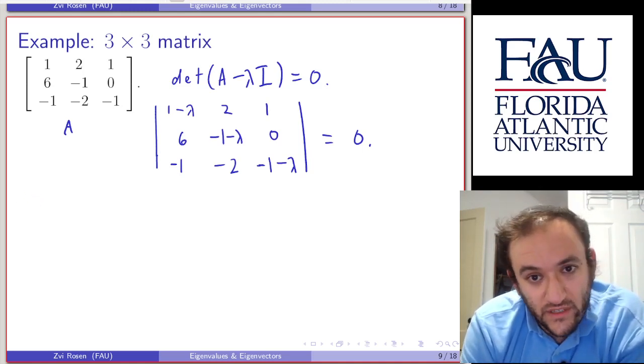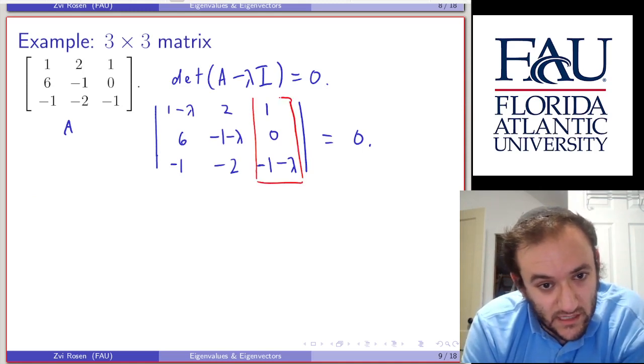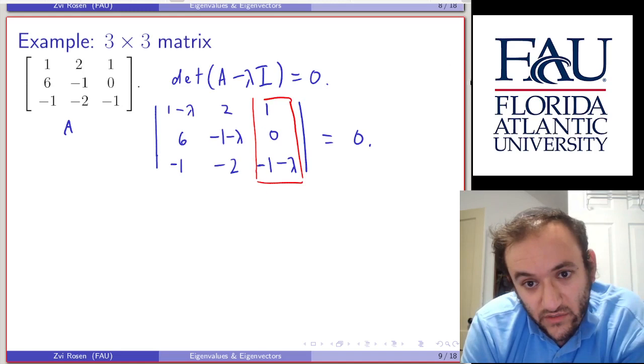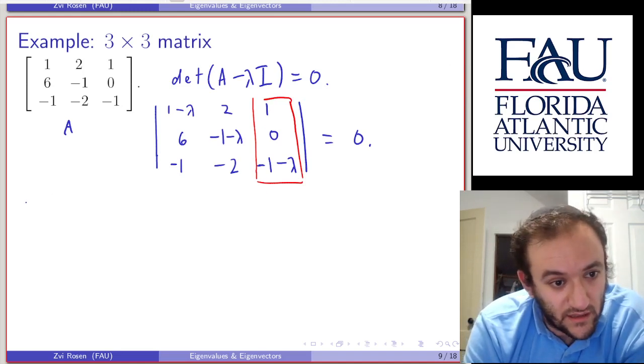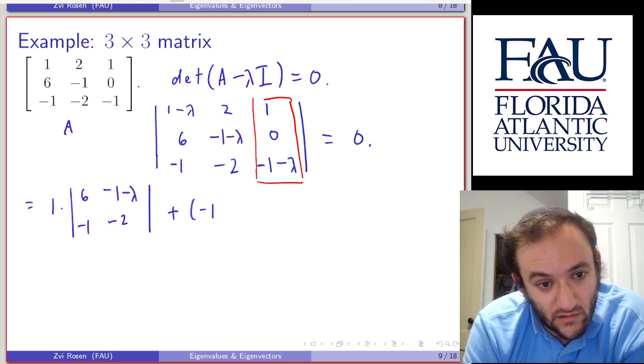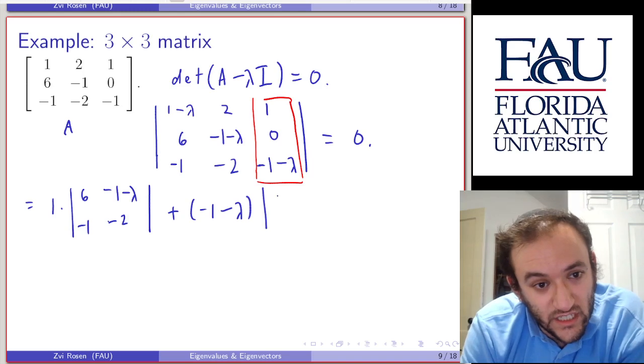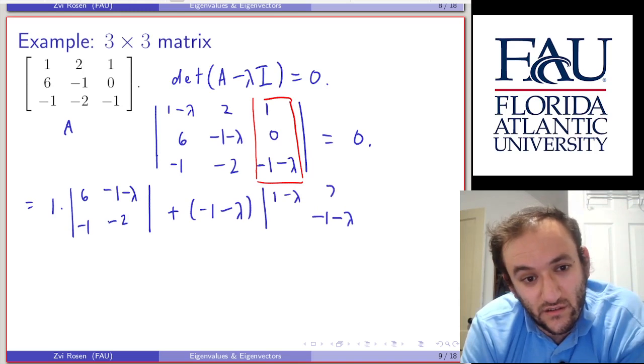So we're going to expand on the third column because we have a nice 0 there and a 1, so it's relatively easier to use. So we're going to take that this is equal to 1 times 6 minus 2 minus 1 minus lambda minus 1, and add that to minus 1 minus lambda times the cofactor, which is 1 minus lambda, 2, minus 1 minus lambda, 6.